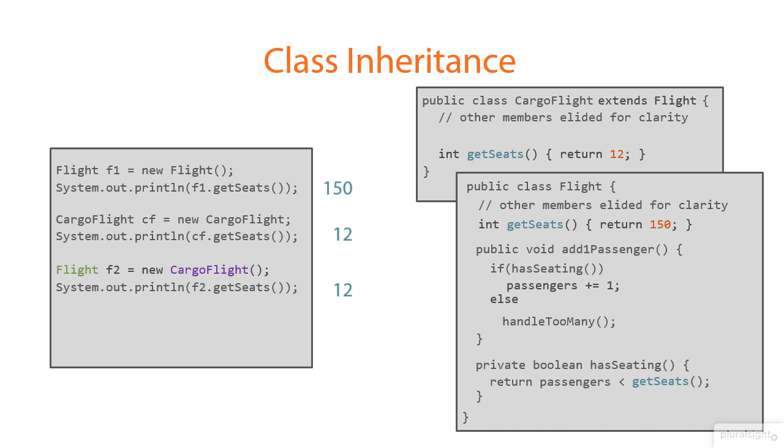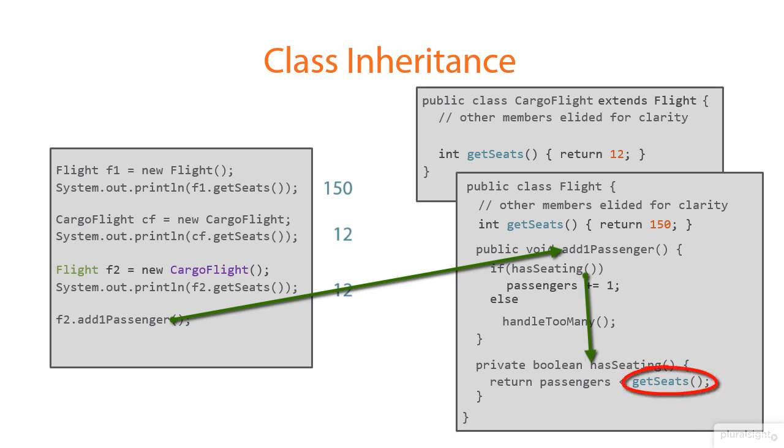And that's really important as we start to do further work. If I take my F2, a reference of type flight, and call add1passenger, it calls into the add1passenger method. Inside of add1passenger, we call into hasSeating. When we get into hasSeating, when it calls getSeats, because the instance is of type cargo flight, the implementation of getSeats inside of CargoFlight is actually what gets called, returning the appropriate value of 12.